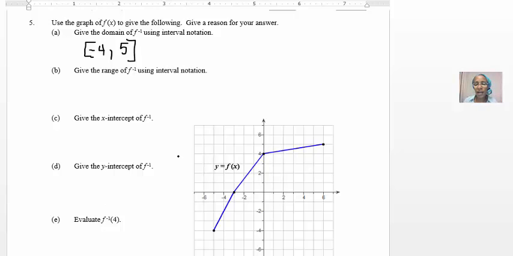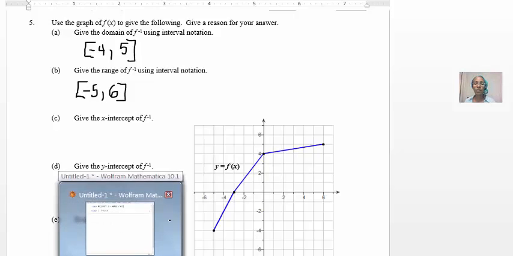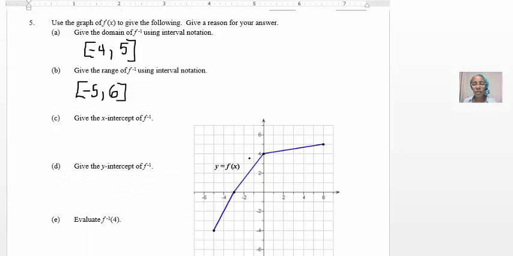So we're going to use the graph to look at the domain of f. And I see that the domain of f goes from -5 to 6 inclusively. So that's actually my range of f inverse.